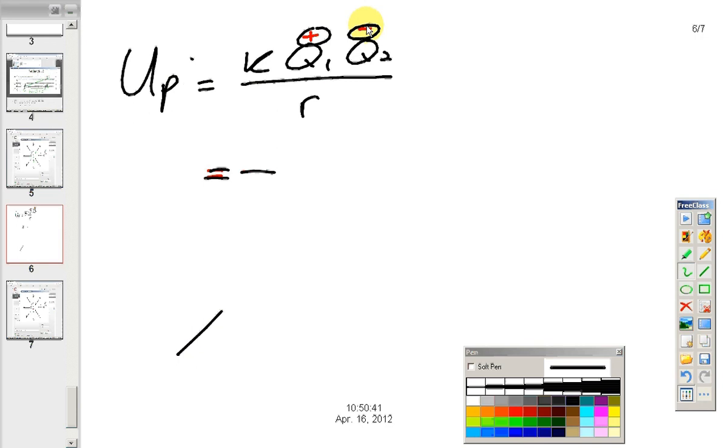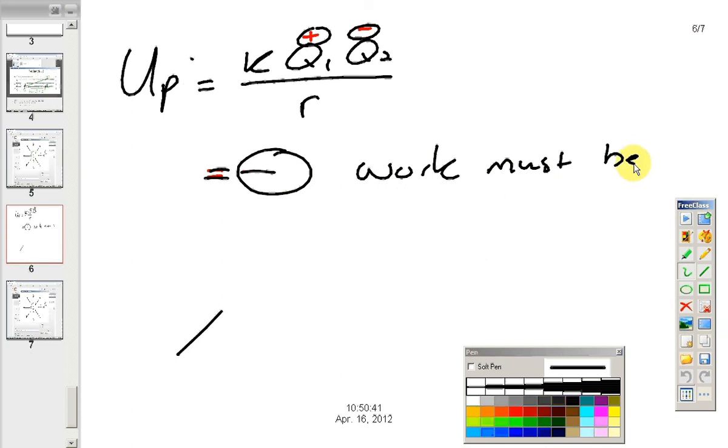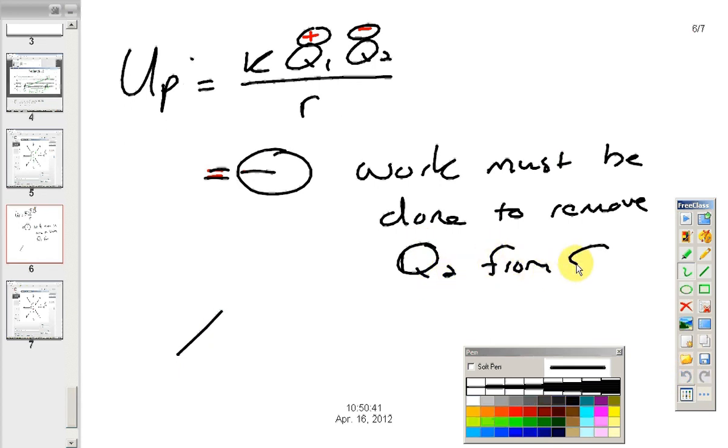If I get a negative answer, it implies that work must be done to remove Q2 from Q1's field.